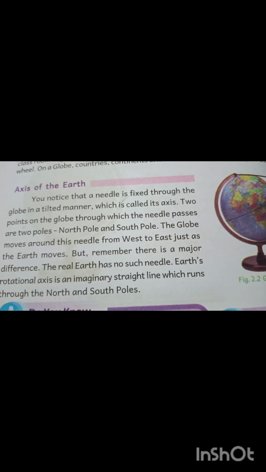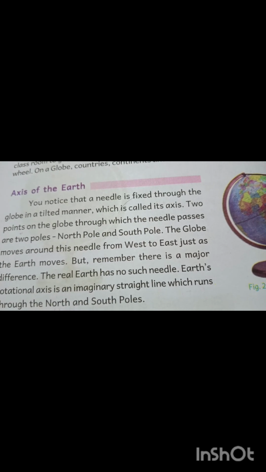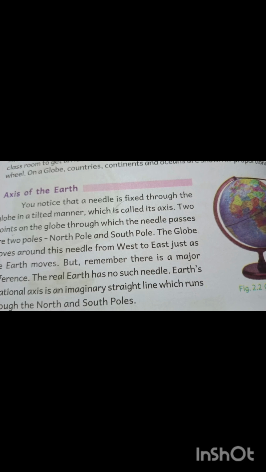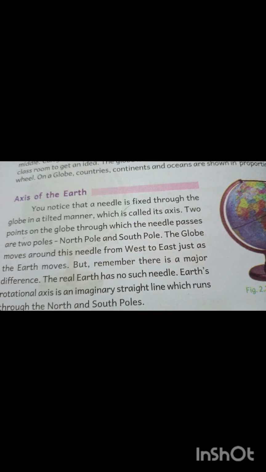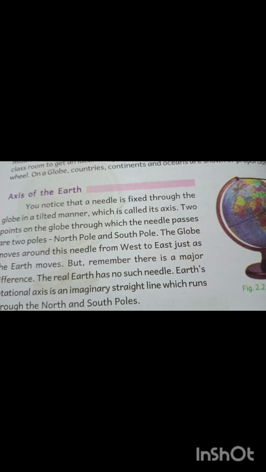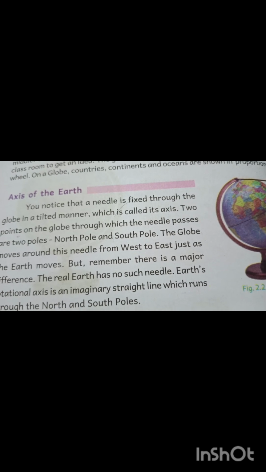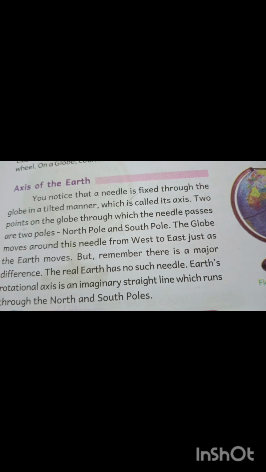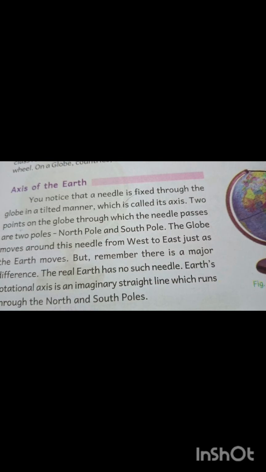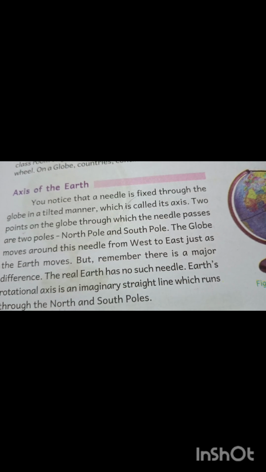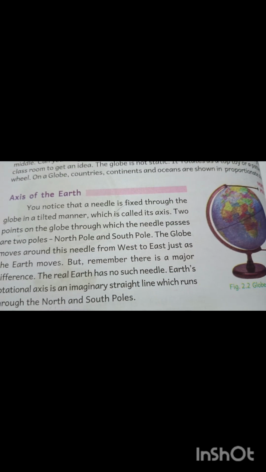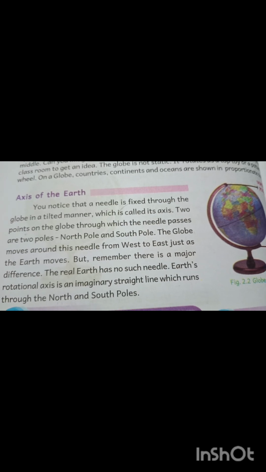Axis of the earth. You notice that a needle is fixed through the globe in a tilted manner, which is called its axis. The two points on the globe through which the needle passes are the two poles, the North Pole and the South Pole.